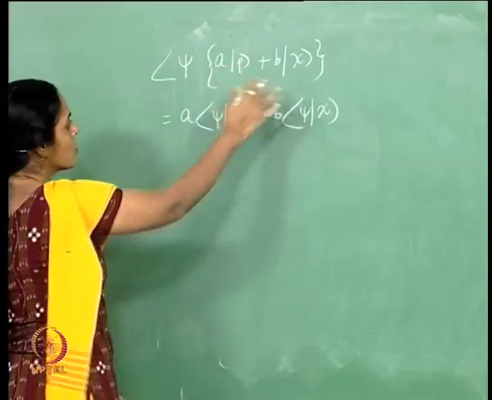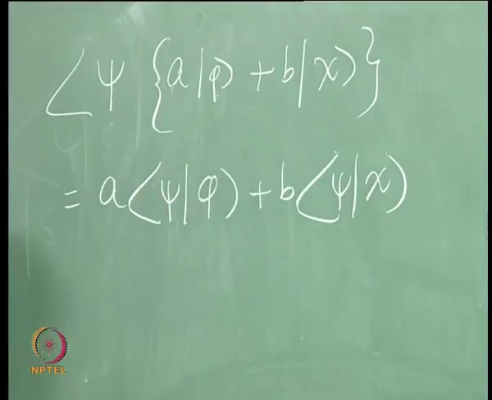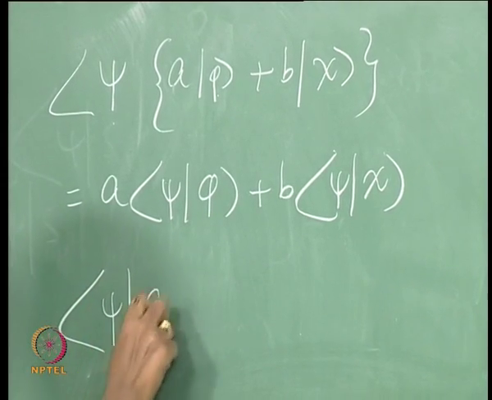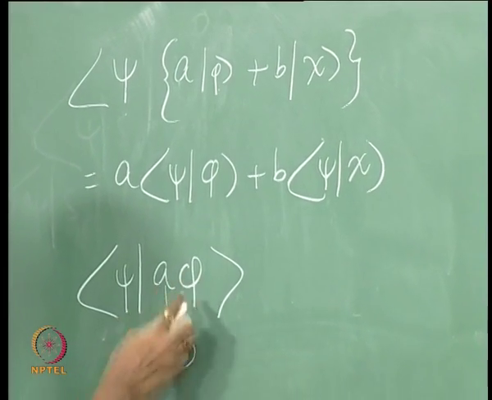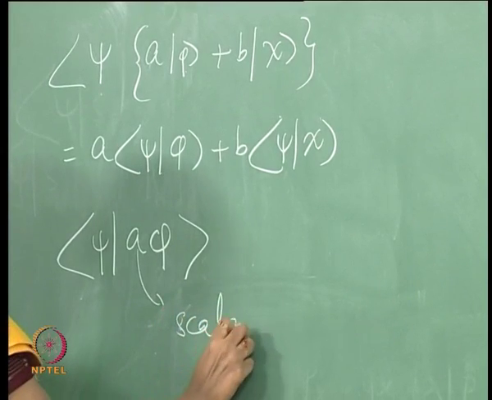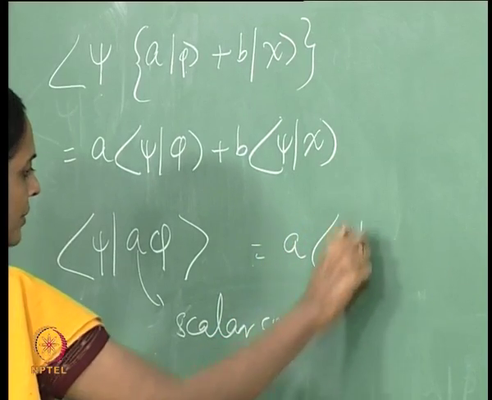In fact, we have used this all the time when we discuss 2-level atoms and 3-level atoms. Of course, the inner product of psi with a state a phi, where a is a scalar constant, is simply a psi phi.